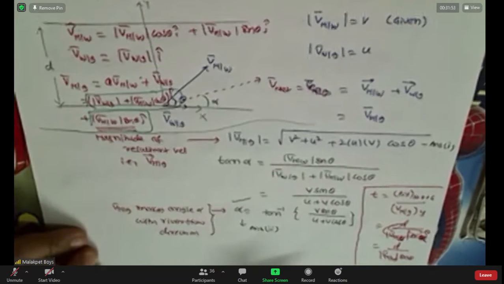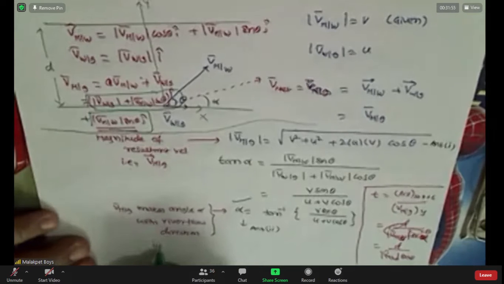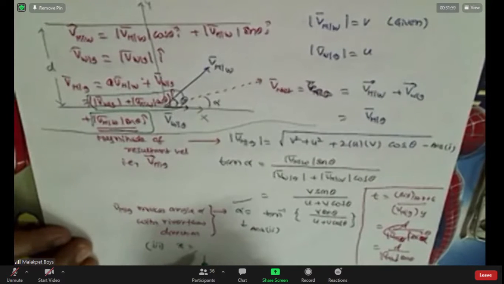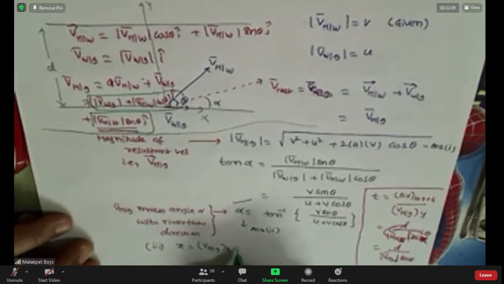Okay. Now the last one is x that he is asking. Am I right? So you have the velocity of man with respect to ground in the x direction into t. What is that you have?